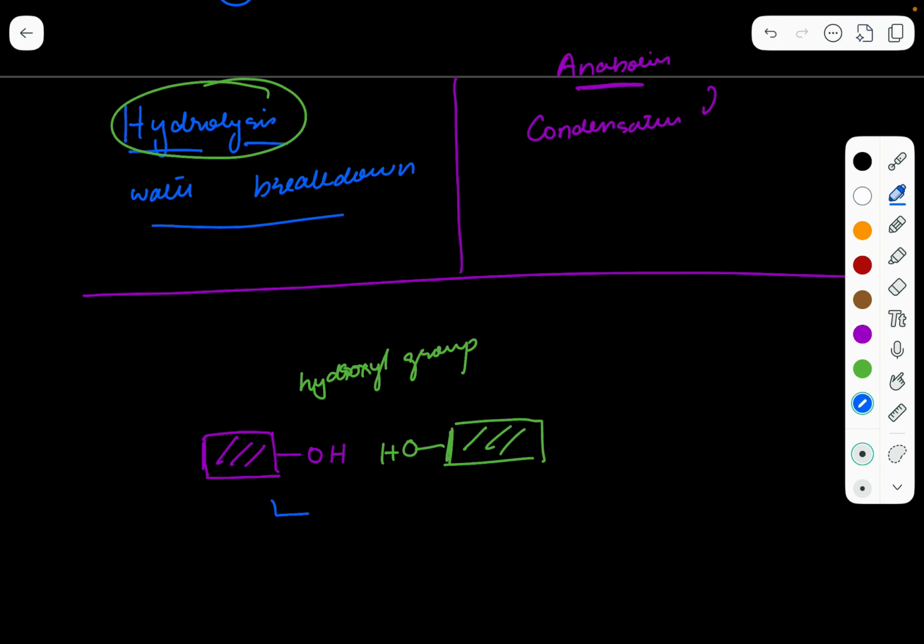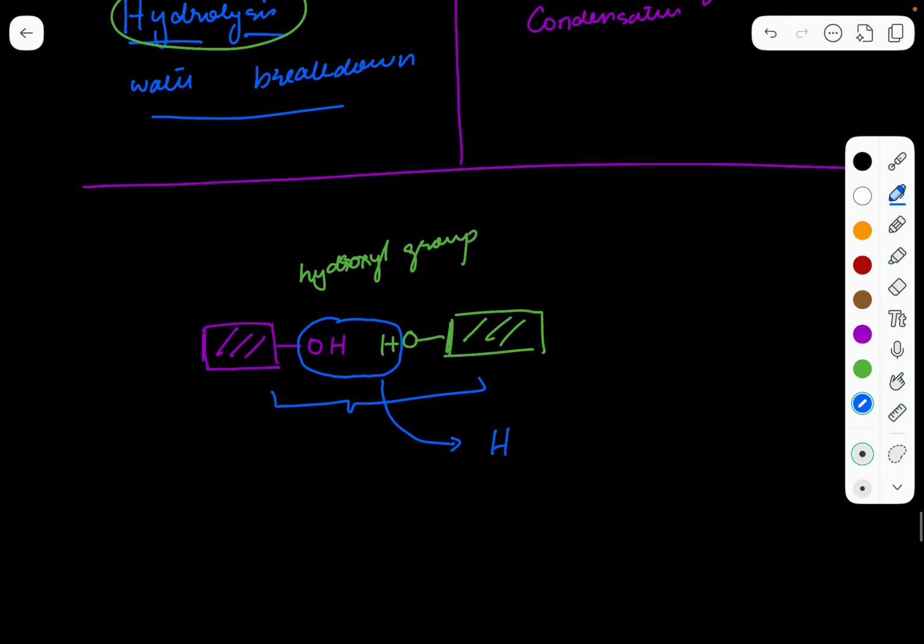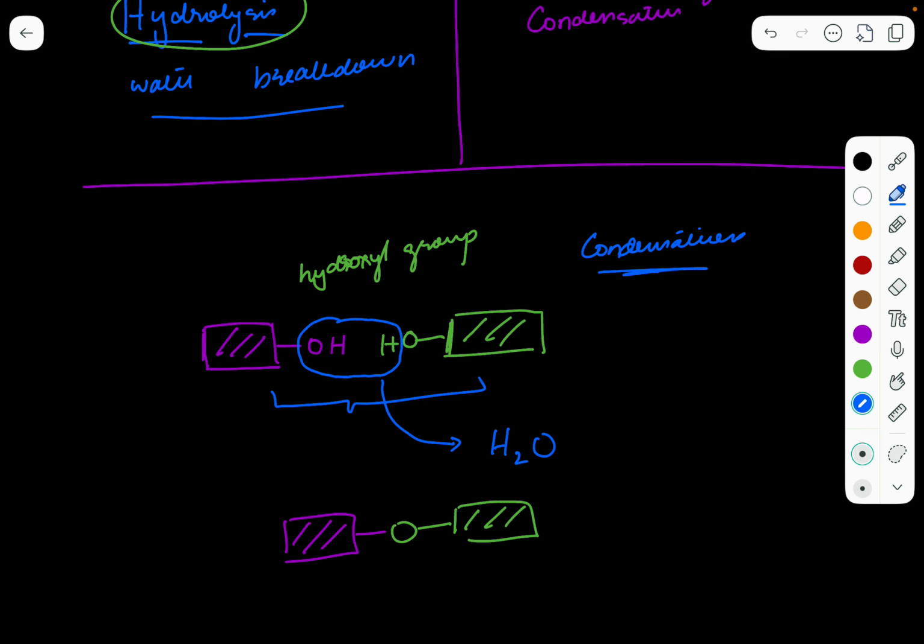When these two come together, the OH from one group and the hydrogen from another group will join and be released as a water molecule. So you end up getting this structure. This is condensation reaction, when two small molecules come together and release H2O in the process.